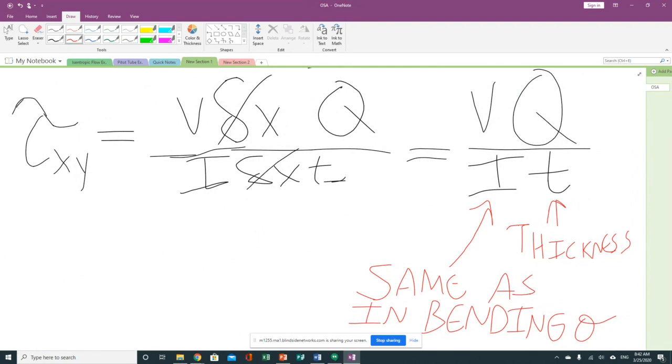So that's like how deep it is going into the board. V is your shear force straight off of your shear and bending moment diagrams. And Q is your first moment of area, which is computed as we just did before.